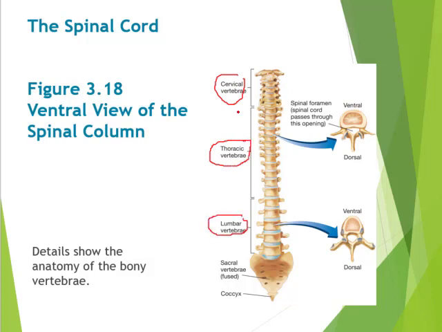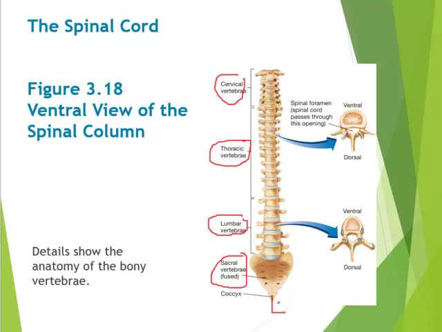We also call these the cervical, thoracic, and lumbar regions. The sacral region or the sacral vertebrae are down here, and they are fused, as you can see, pointing into a coccyx, which is what's left of our tail, evolutionarily speaking, and is called the tailbone.